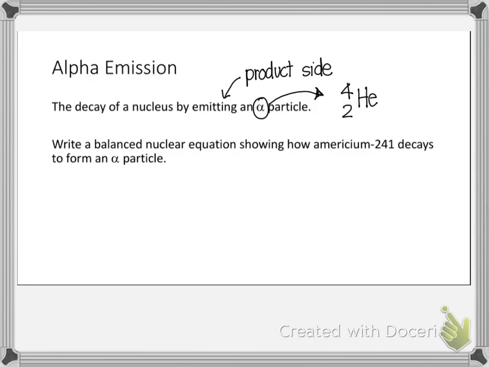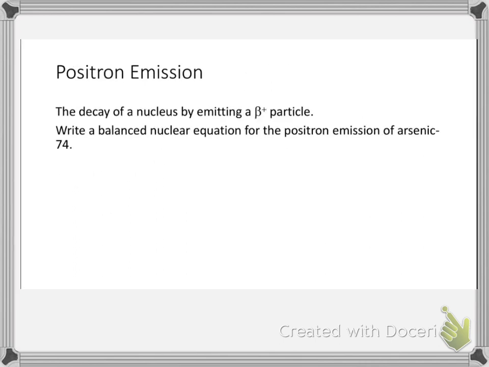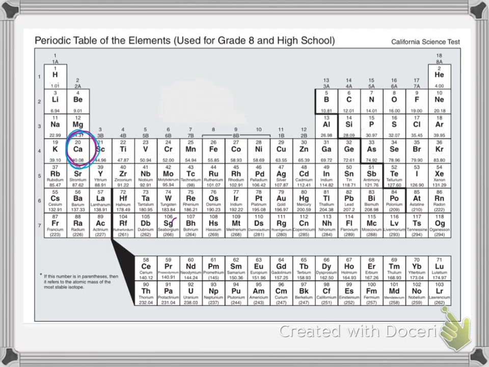So the question says, write a balanced nuclear equation to show how americium-241 decays to form an alpha particle. All right. So I know the top number is 241. Now, americium, I don't know its atomic number. Let's go look. It's going to be at the bottom. Here it is, Am.